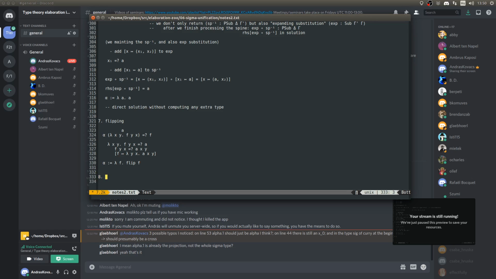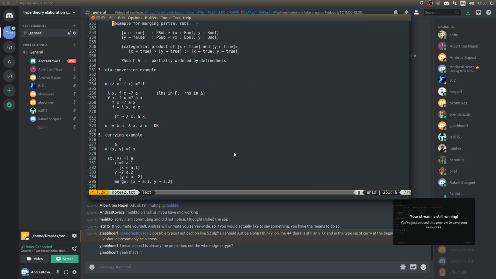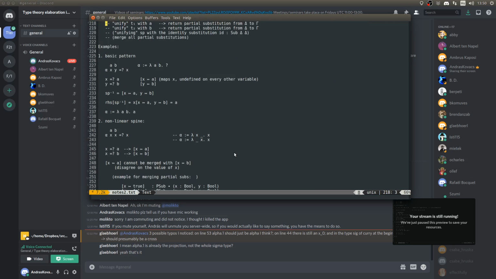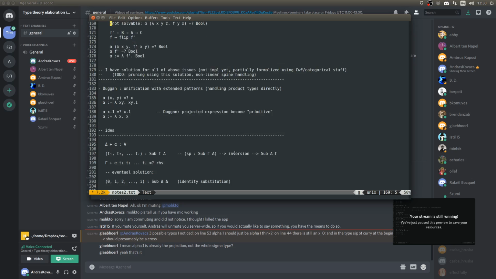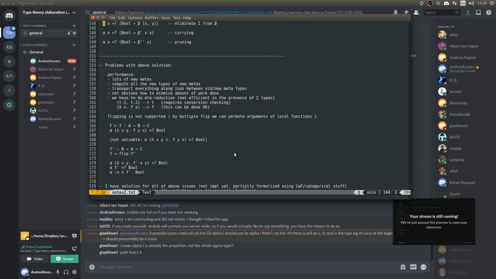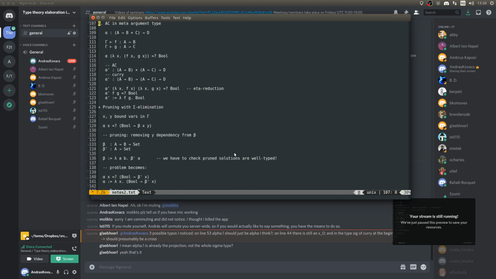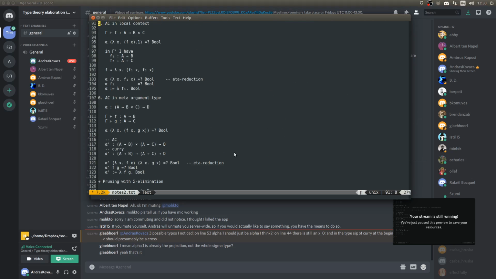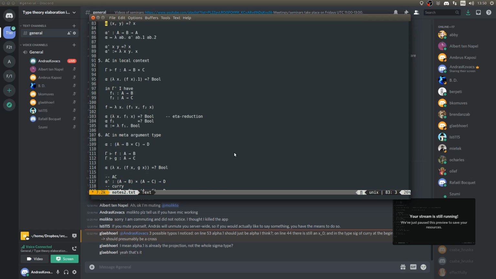Okay, so let's do some more involved example. Maybe we can just copy and paste a previous example with maybe some axiom of choice. Okay, maybe let's try to do this axiom of choice in local context.